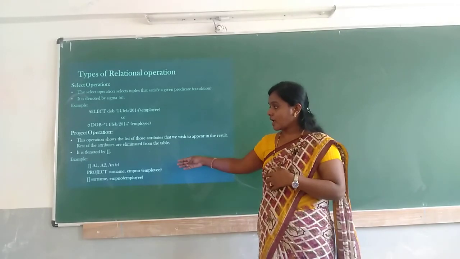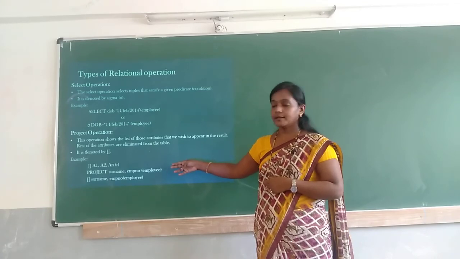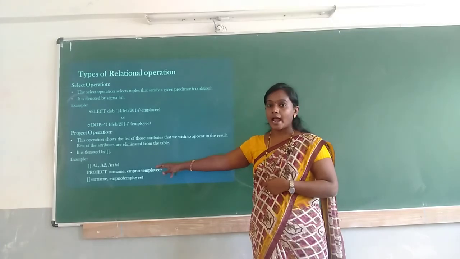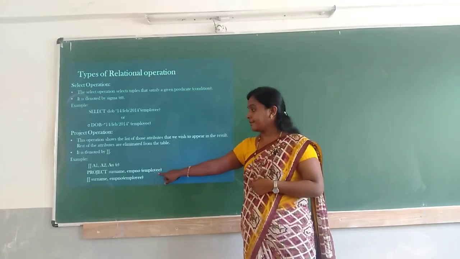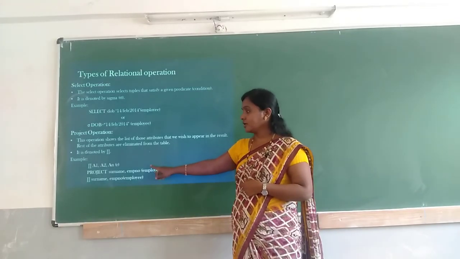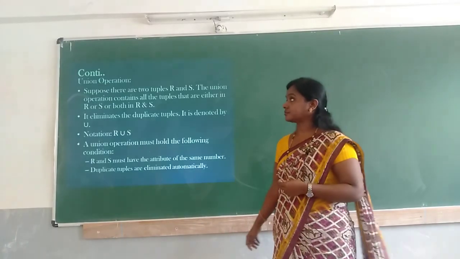Next we have project surname, employee number from employee. Surname, employee number is the attribute name, and employee is the table name. And this is the symbolic notation of this statement.